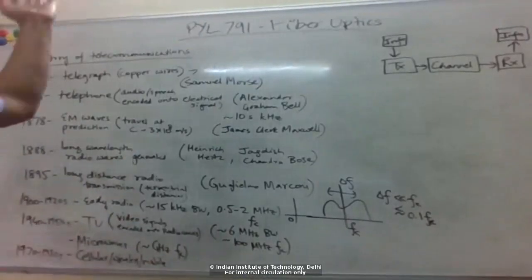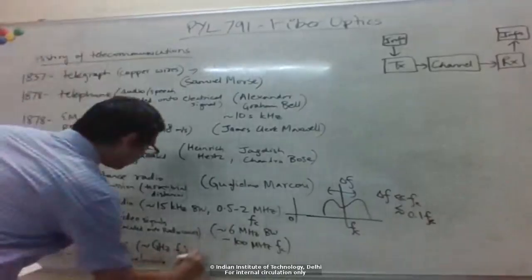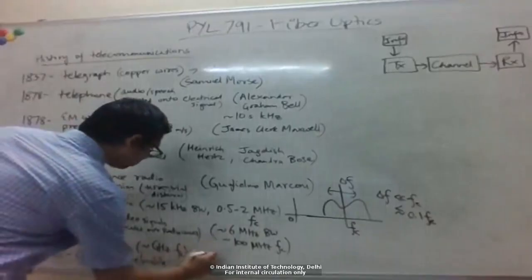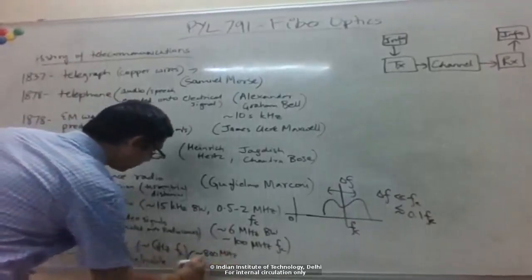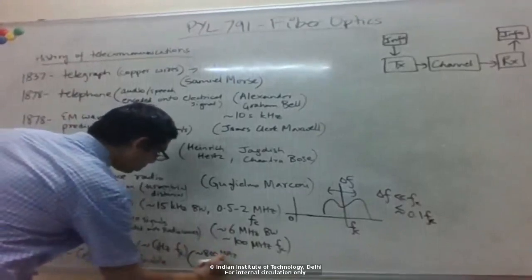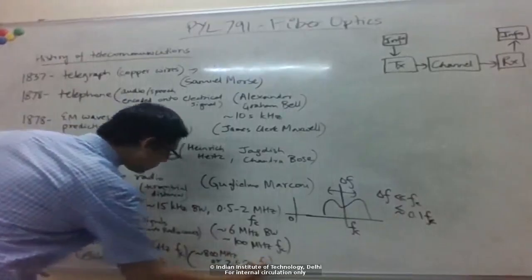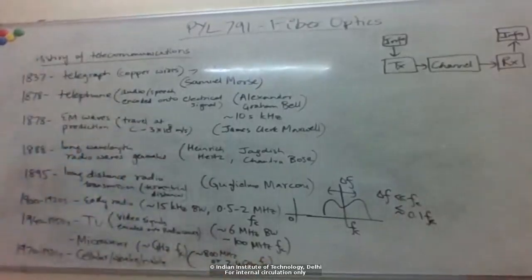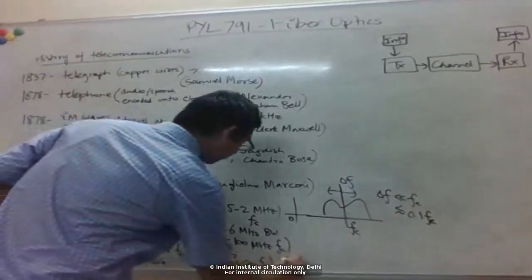You have some base station sending microwaves. Typically the carrier frequency is around a gigahertz, like 800 megahertz is one carrier band, and another one is 2.4 gigahertz. And the bandwidths that you can get now are up to like 100 megahertz.